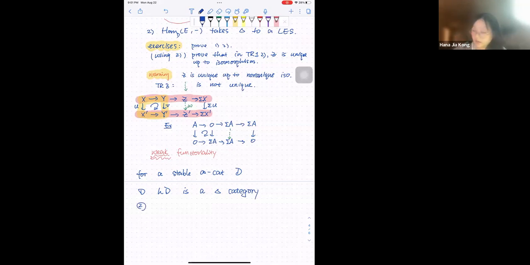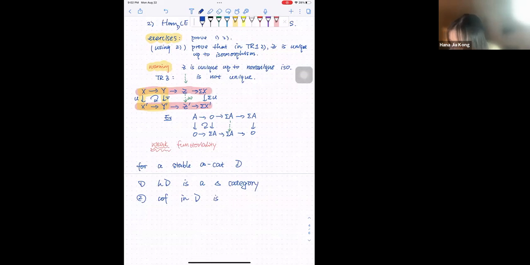In the homotopy category, the shift functor and the completion of triangles are given by taking cofibers. The distinguished triangles are cofiber or fiber sequences. And the cofiber sequence construction, remember, is defined by taking the pushout of a square, and that is essentially unique.